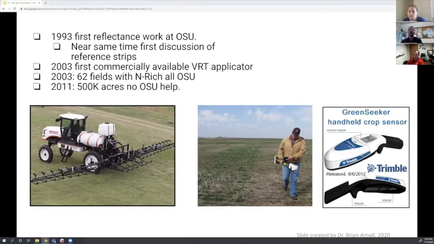The problem was the cost was so high. So it's been funny that we had the science and the technology in 2003 to do it, but we've been working backwards to get something that's more scalable and easier for the producers to use. So we go to the middle picture. That was the handheld sensor that we collected all the data with in the early 2000s. It cost us $4,000 at the time, and it was primarily for data collection. The heads on that sensor were the same as on the on-the-go sprayer.